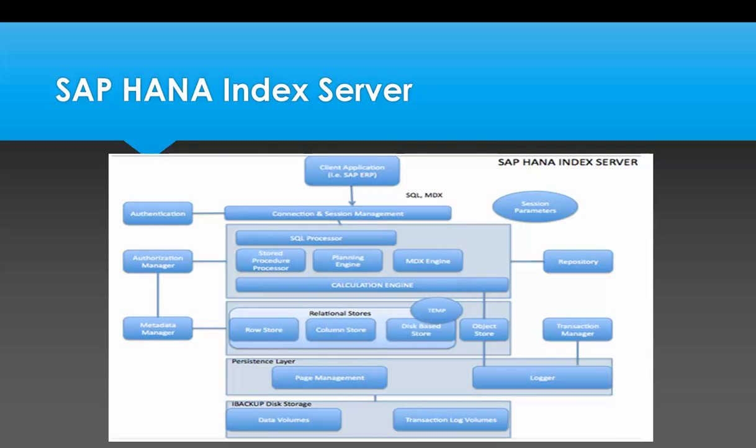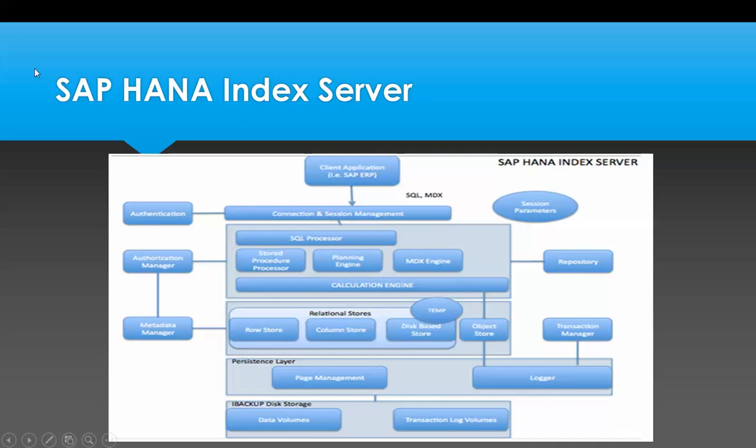To achieve this in an efficient way, this persistence layer uses a combination of write-ahead logs, shadow paging, and savepoints. It also offers interfaces for writing and reading data, and it contains SAP HANA's loggers that manage the transaction log. So that's the purpose of the persistence layer.